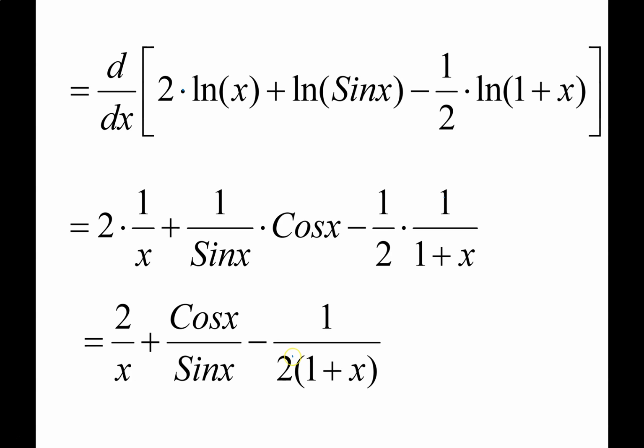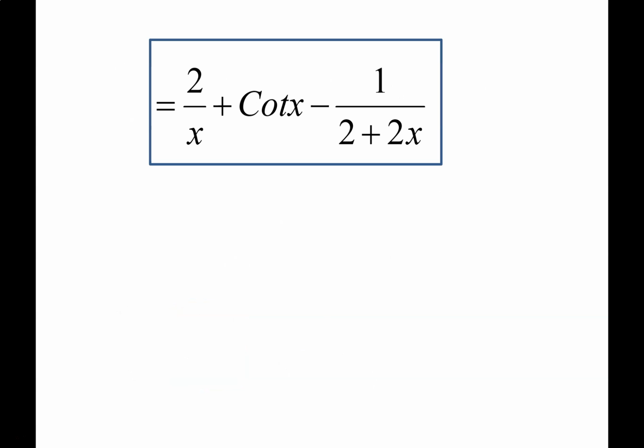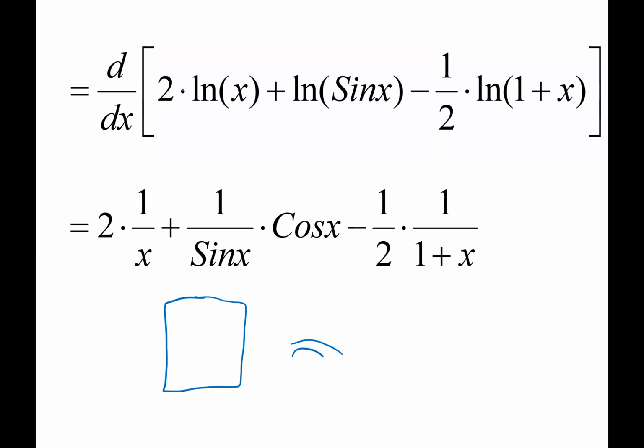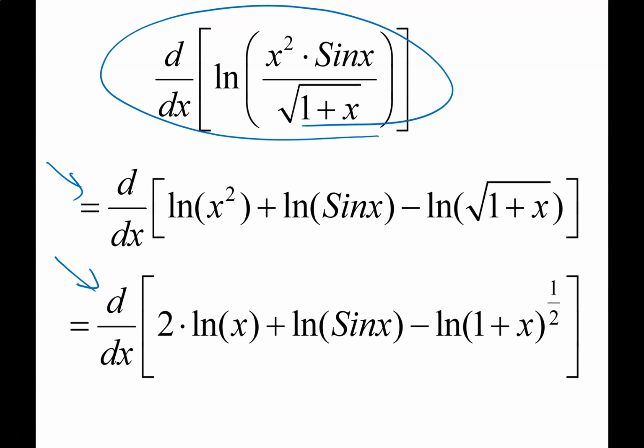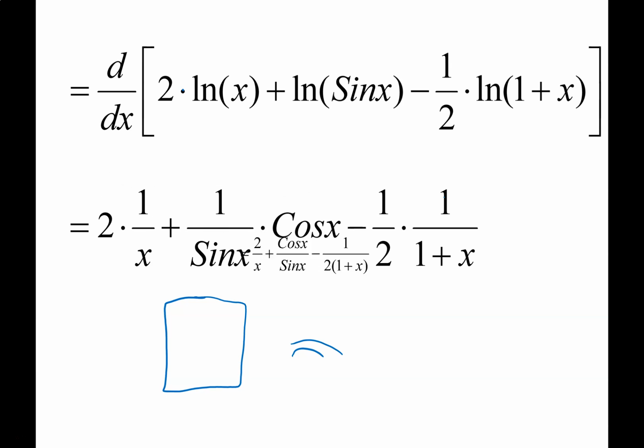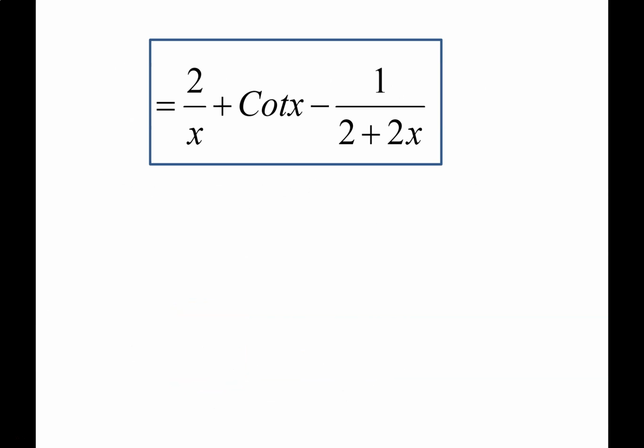If you wish to distribute, you certainly may. If you'd rather not, the only thing I would do is, remember we talked about sine over cosine being tangent? So cosine over sine is really cotangent. And there you go. We took something absolutely brutal looking, broke it down algebraically with a few log properties, made the differentiation really easy and no big deal.